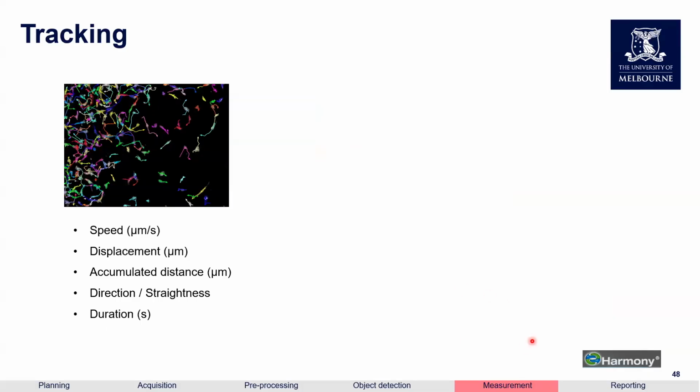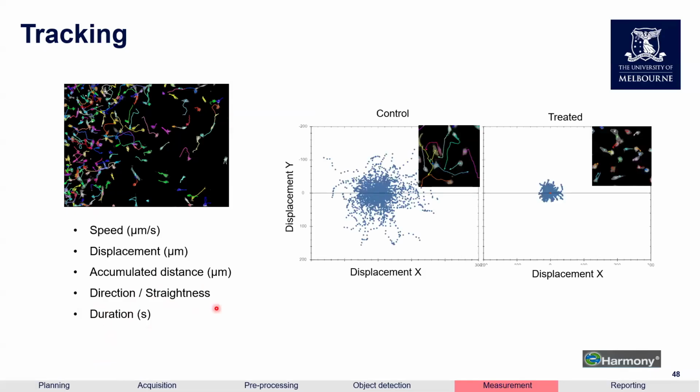And also the last common measurement is tracking. When we have a time-lapse image like this, we can measure parameters that are specific to tracking, such as speed, how fast they are, displacement, how much they have moved, accumulated distance, how much in total they have moved, and direction, orientation, straightness, and the duration, etc. For example, if we want to investigate the mobility of the cells, the displacement chart can be a good visualization tool as well.